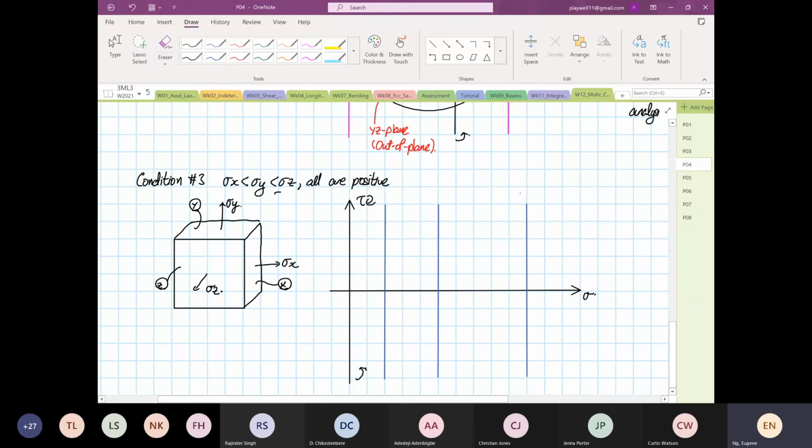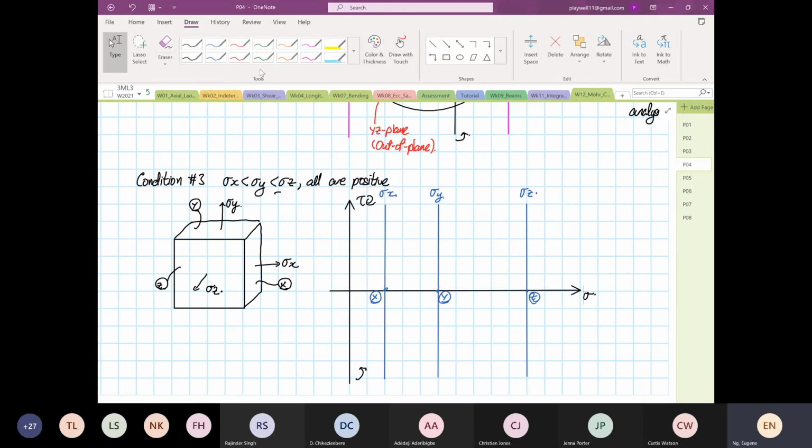And this is our stress Z, sorry. So this is our point X, point Y, point Z.